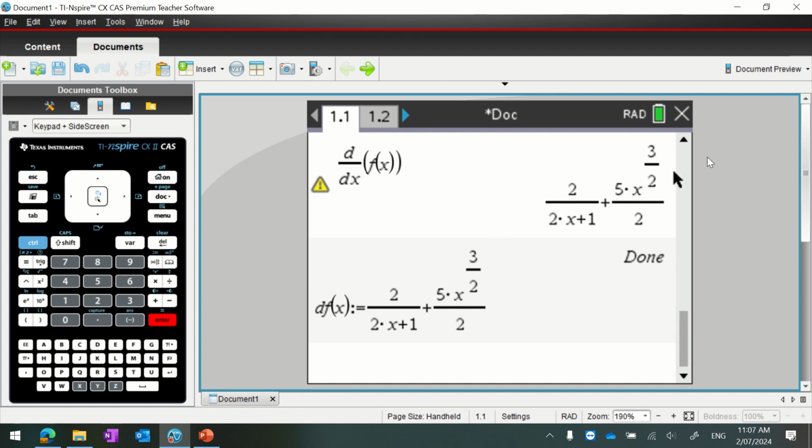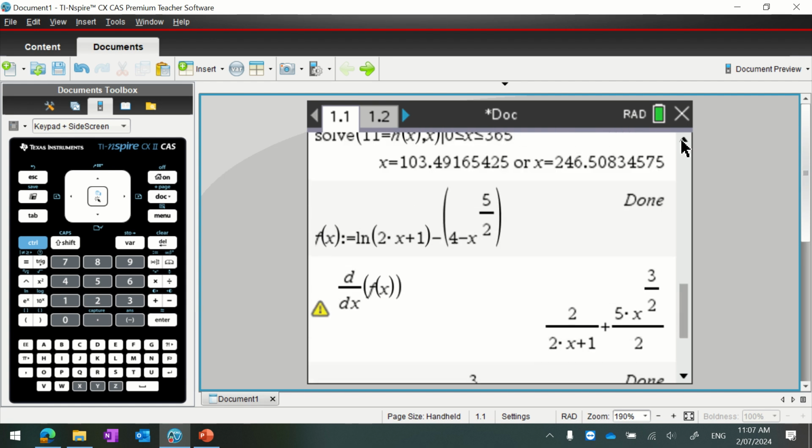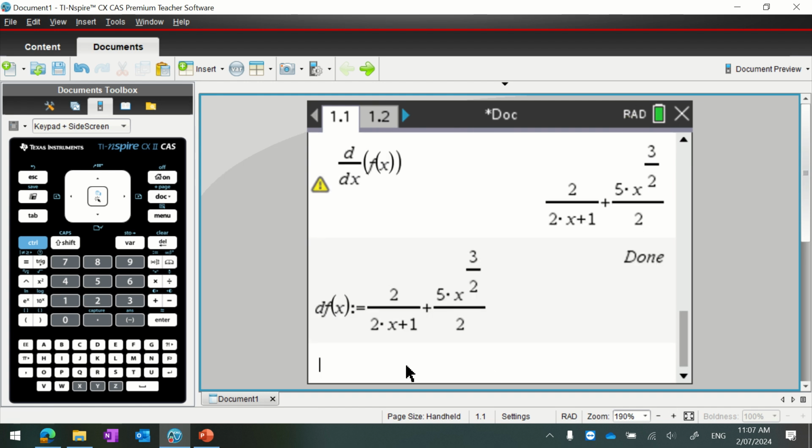I'm doing this in 2 steps because for some things, it doesn't really work if you do the shortcut where you define and differentiate in the same line. Sometimes it doesn't work later. So I'm doing this in 2 steps to make sure it will definitely work.